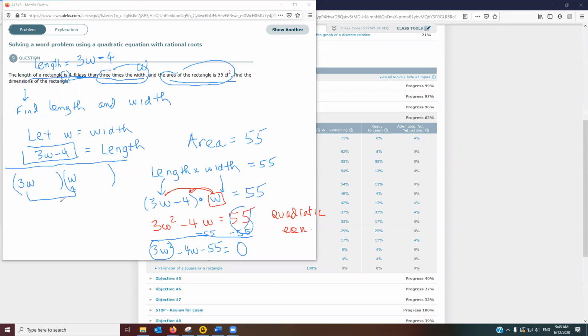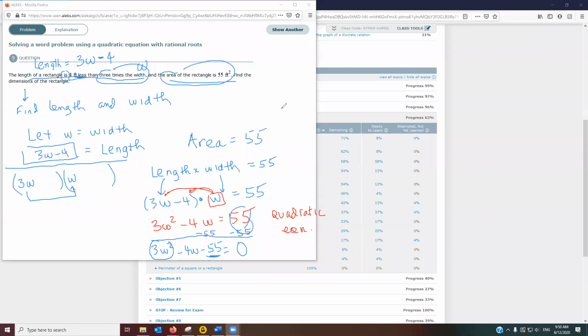All right, now, in the back of the parentheses, I need 2 numbers to multiply to negative 55. But when I do this multiplication, I need the middle term to be a negative 4. All right, so now I have to think about different combinations that I could put in these parentheses. Now remember, you could use the AC method, or you can use a trial and error method here.